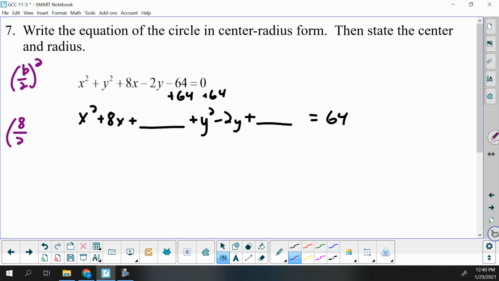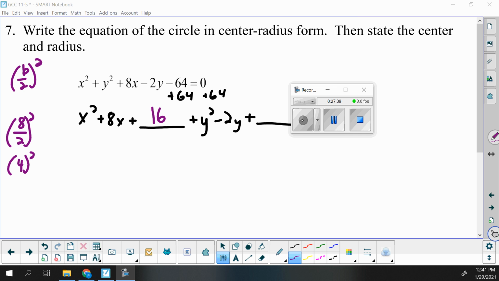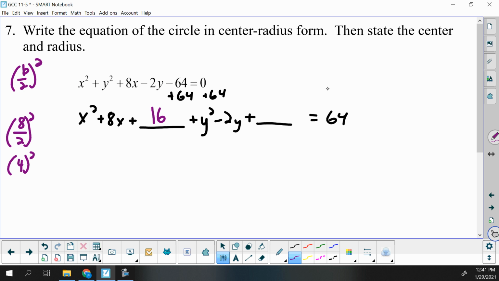So we're going to have 8 over 2 squared, which is the same as saying 4 squared. 4 squared is 16. 8 divided by 2 is 4, so 4 squared gives us 16.